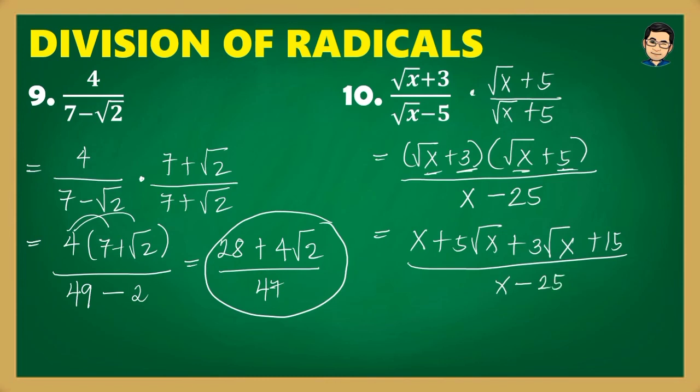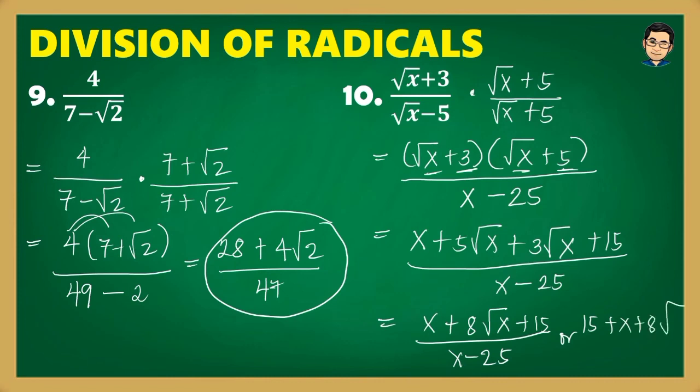Then our final answer will be x plus 8 square root of x plus 15 over x minus 25. Or pwede rin namang 15 plus x plus 8 square root of x all over x minus 25.